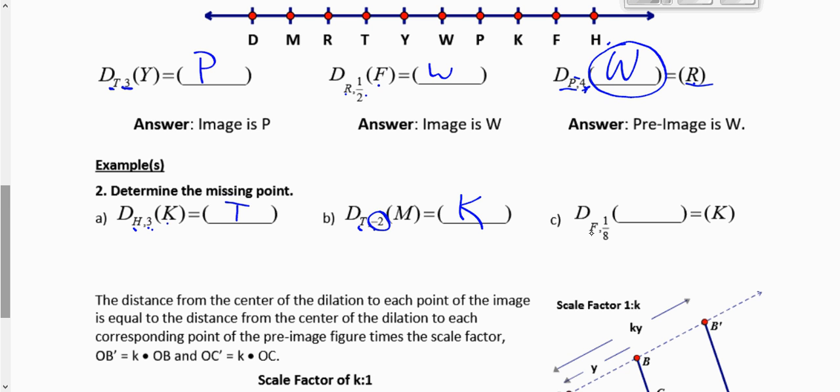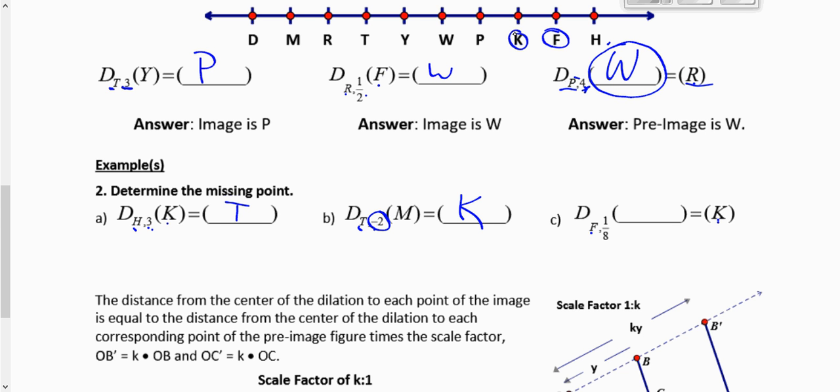What's the center for this one? F. And what was the result? So we ended up at K. That was the result of multiplying some original distance by an 8 or dividing by 8, right? So to get that, something divided by 8 equals what? 1.